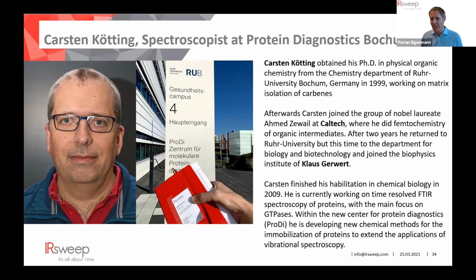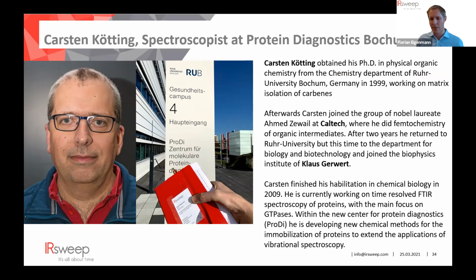I will introduce Carsten. Carsten Kötting obtained his PhD in the physical organic chemistry department of the Ruhr University in Germany in 1999. He was working on matrix isolation of carbenes, and afterwards Carsten joined the group of Nobel laureate Ahmed Zewail at Caltech, where he did femtochemistry of organic intermediates.